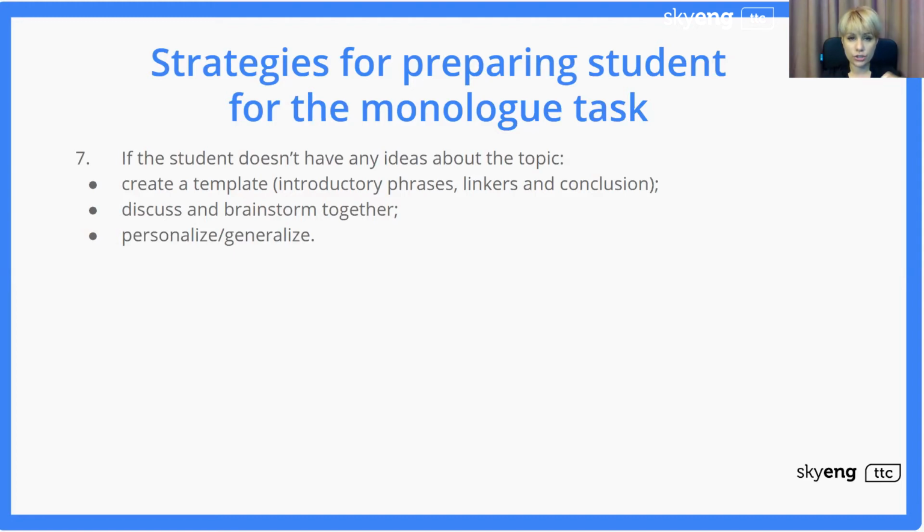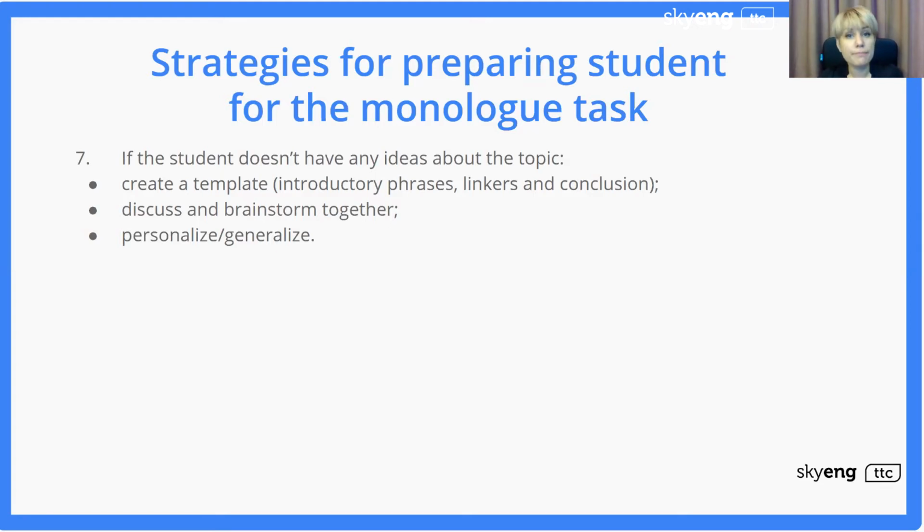About personalization and generalization. Sometimes for students, it is really complicated to understand that, okay, I'm a modern teenager. For example, there is a question, what books do modern teenagers read? And they say, I don't know. Well, are you a teenager? Yep.